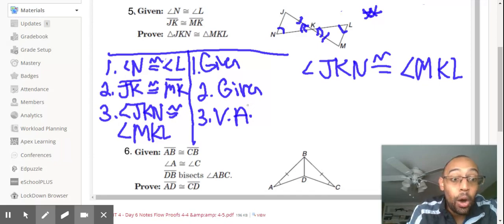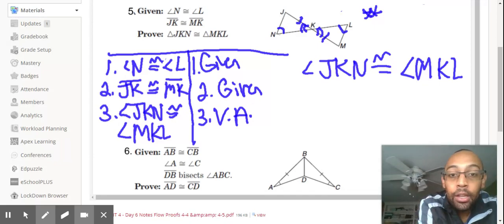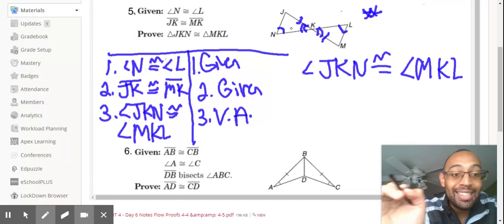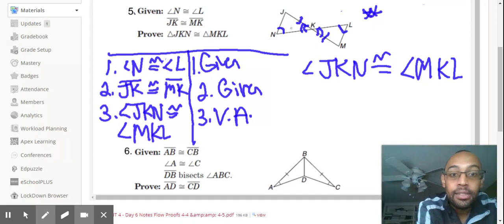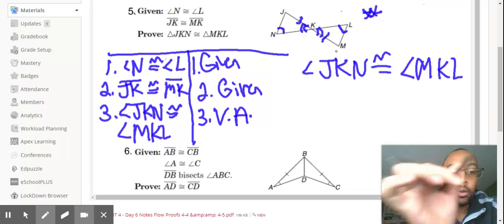Okay, so now if I look at how these triangles are set up, angle N to angle K to side JK, that is angle, angle, side. Same thing if I go from angle L to angle K to side KM, it's angle, angle, side.